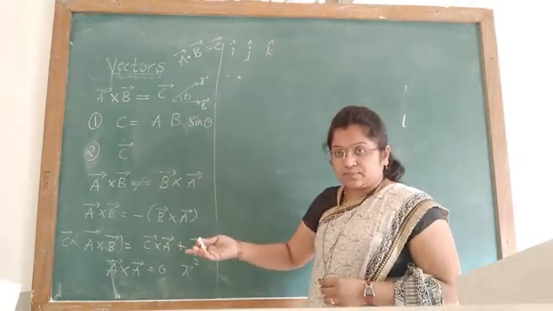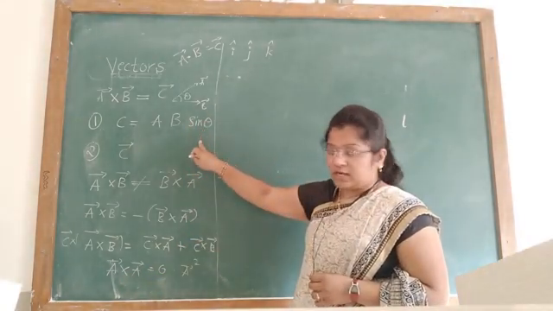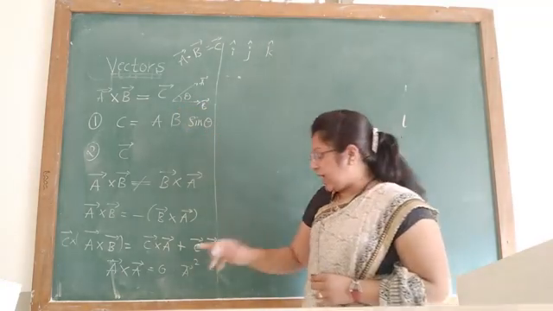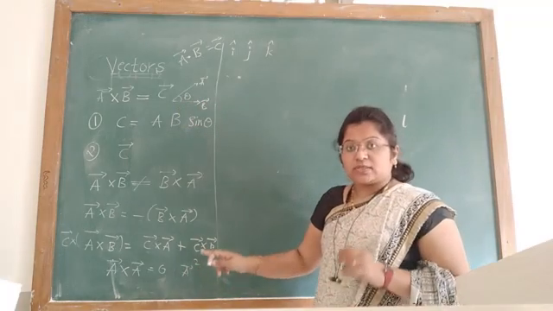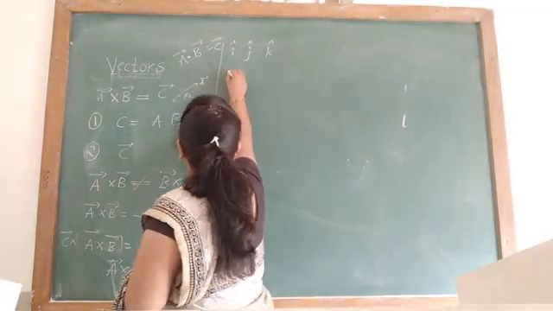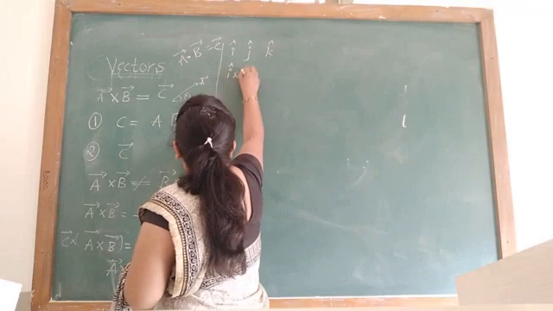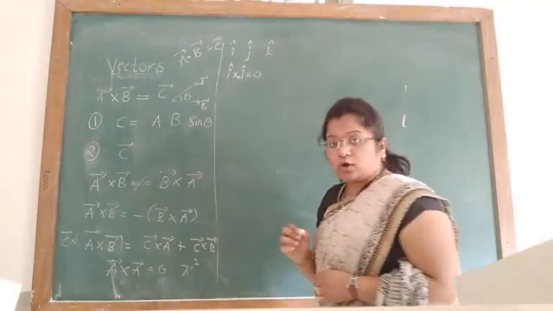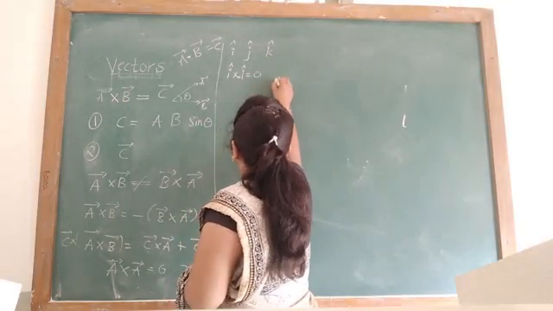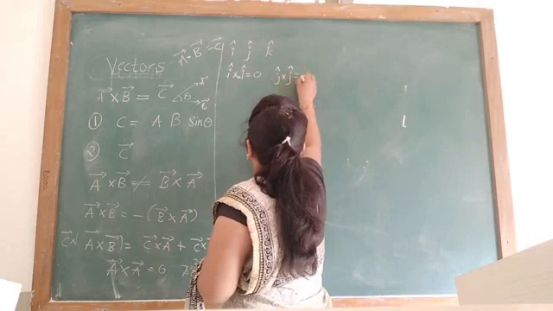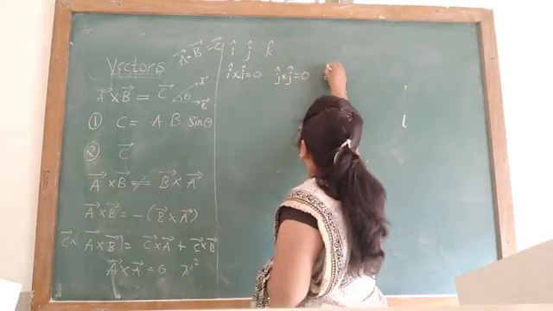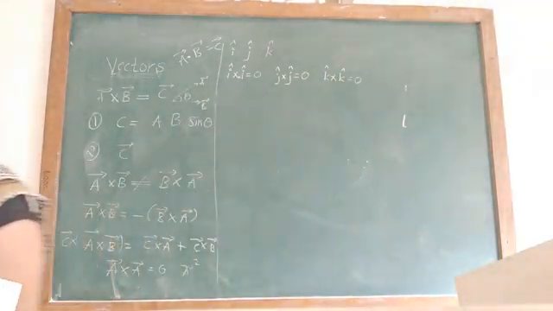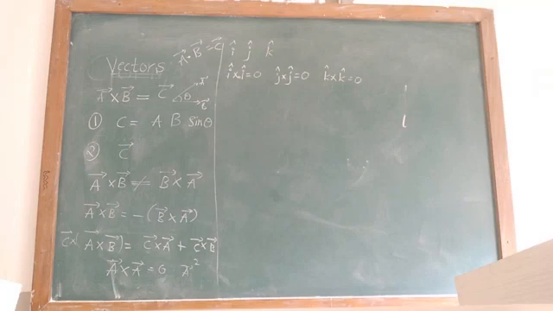Sine 0 is always 0, hence A cross A is equal to 0. That's why the same rule applies here: i cross i is equal to 0. Similarly, j cross j is also equal to 0, and k cross k is also equal to 0. This is the law when you consider the same vector twice.